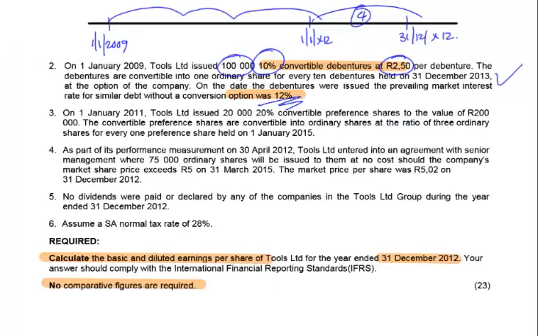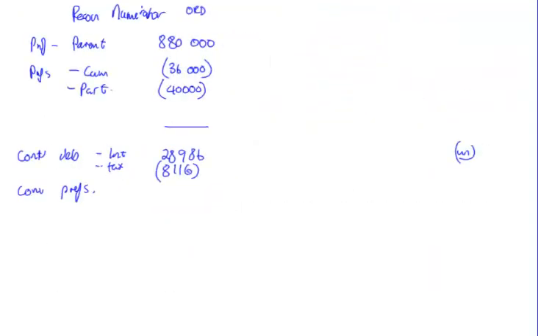Convertible preference shares to the value of 200,000, and they're convertible in a ratio of 3 ords for every 1 pref. So in that particular case, for the convertible debentures, we will save 40,000 if we don't have to pay the convertible preference dividend. Apologize for that little mistake.